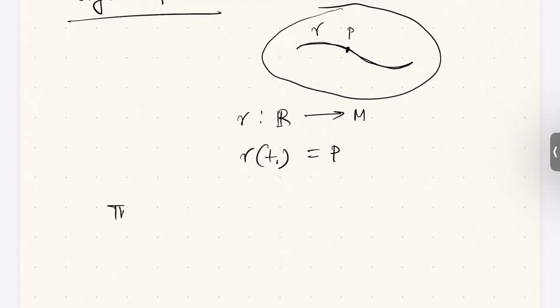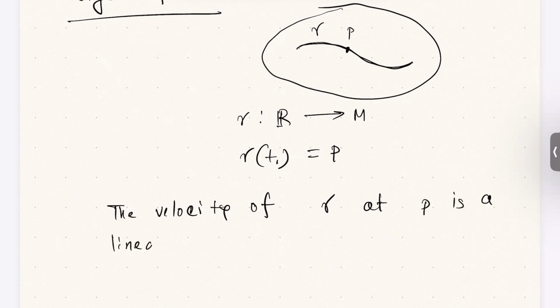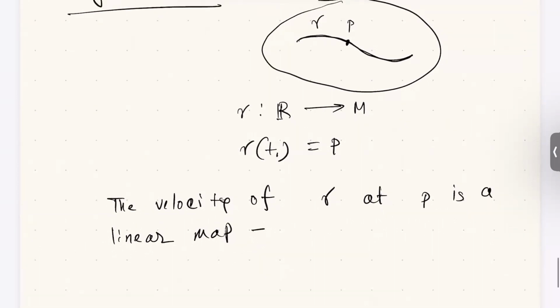The velocity of the curve gamma at p is a linear map. And what do we know about linear maps?